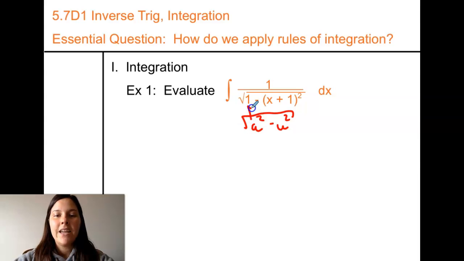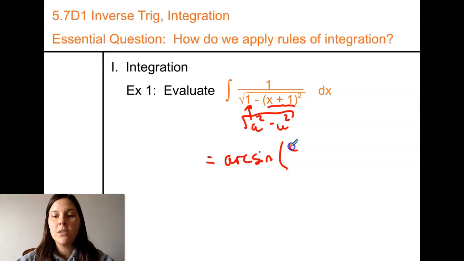I see that a is 1 because I have 1 squared minus, and then u is this entire quantity of x plus 1. So when I take the integral of this, the pattern was arc sine of u over a.